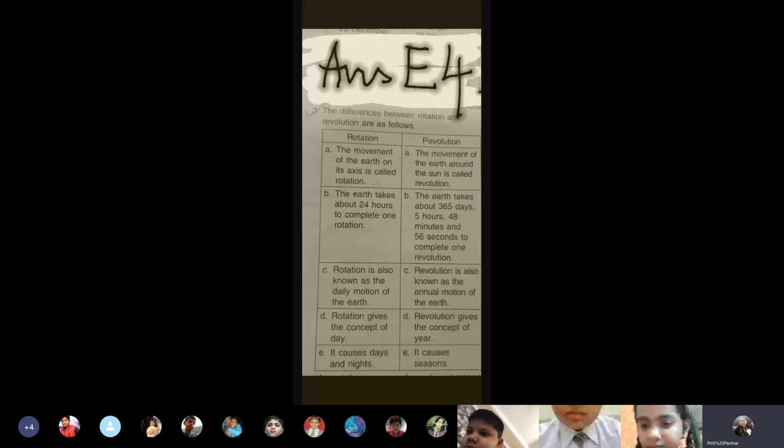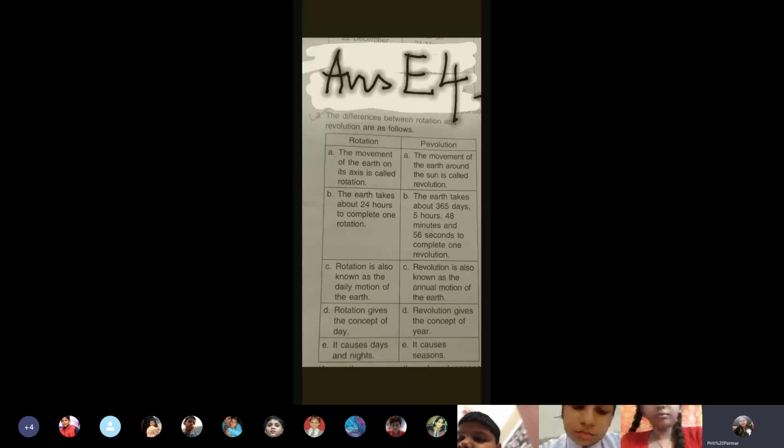Revolution is also known as the annual motion of the Earth. Fourth point, rotation gives the concept of day. Fourth point for revolution, revolution gives the concept of year. Last point, it causes days and nights. Revolution, last point, it causes seasons. Now this is your answer E4, A.